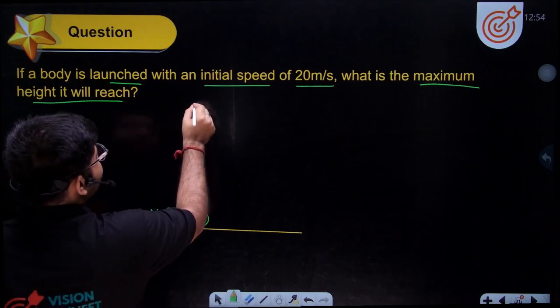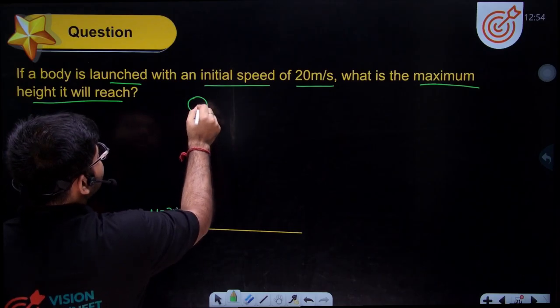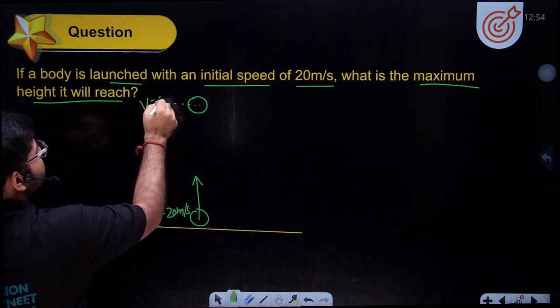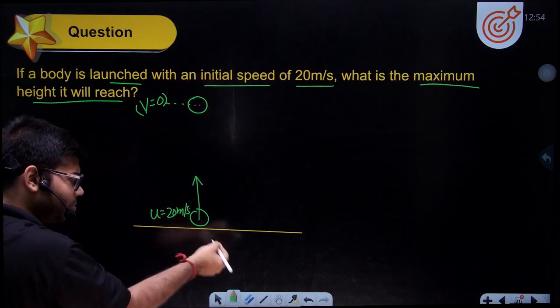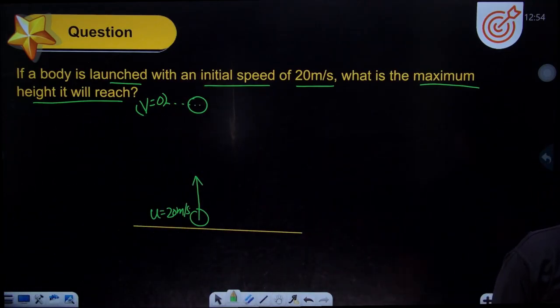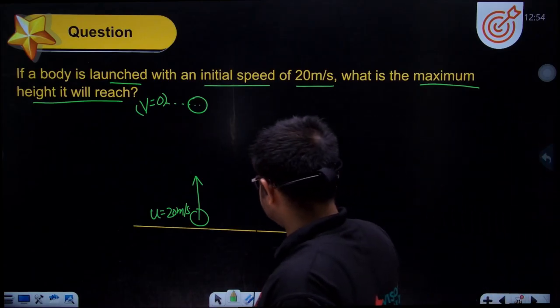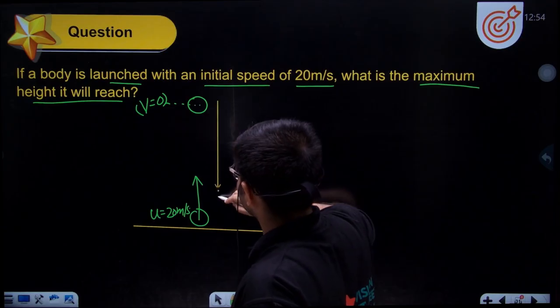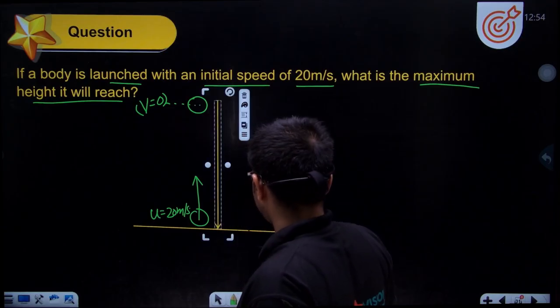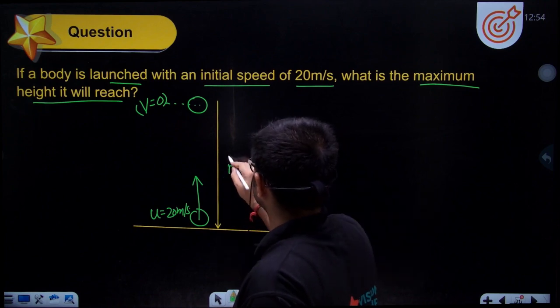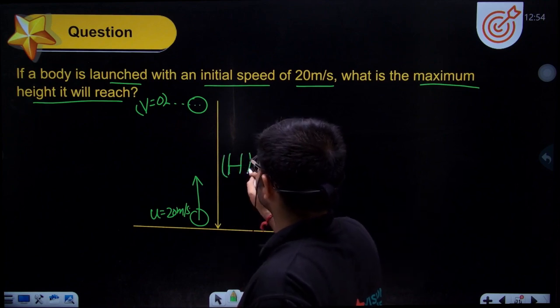Obviously when it reaches the maximum height, the final velocity is going to be 0. Then it will come back again, which I am not considering. We are not interested in that. We are interested in finding this height h.